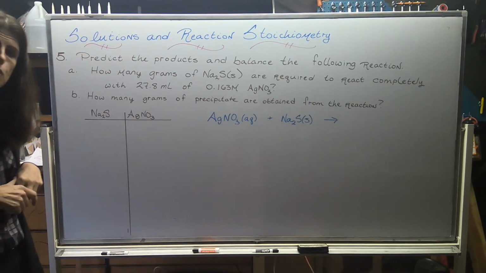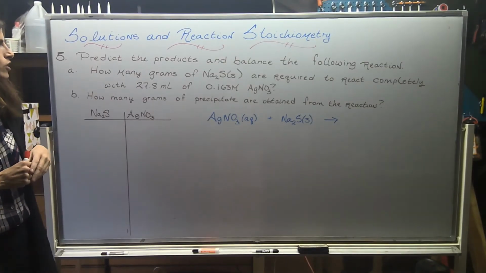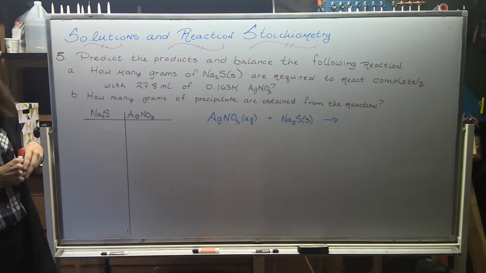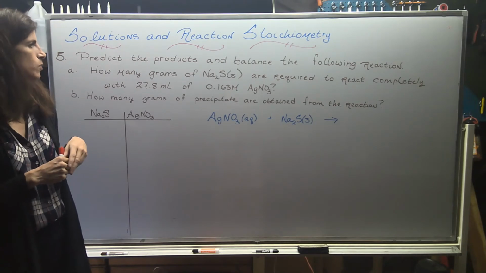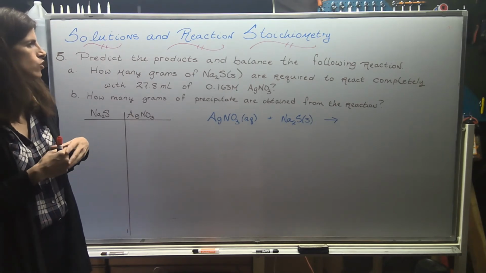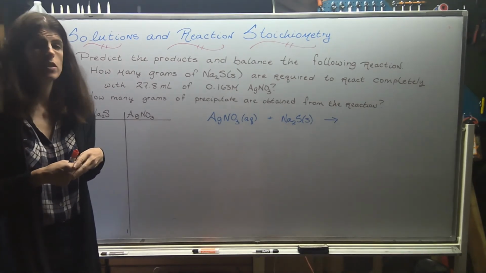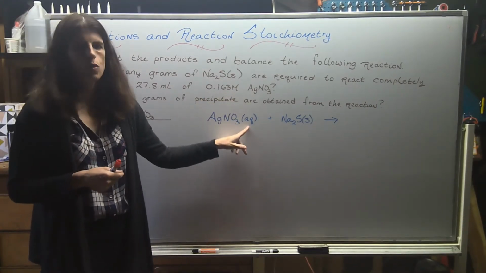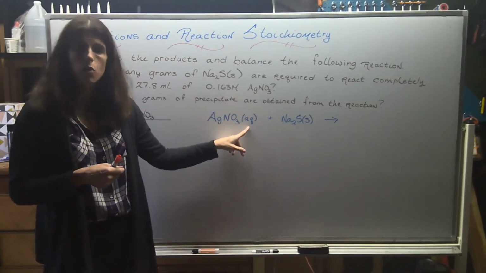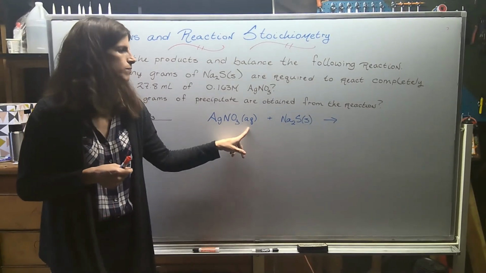Alrighty, so in this problem, we're asked a couple different questions. First, how many grams of sodium sulfide are required to react with this silver nitrate solution? And I know it's a solution because they gave me a molarity, but also in the reactants of the equation, it's listed as aqueous.